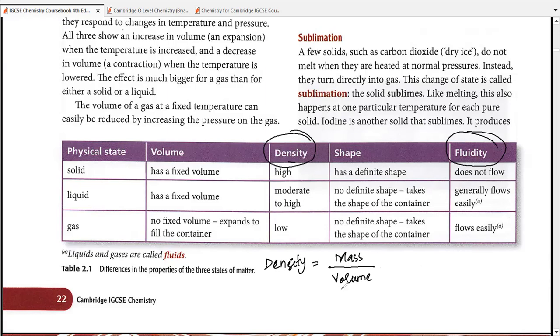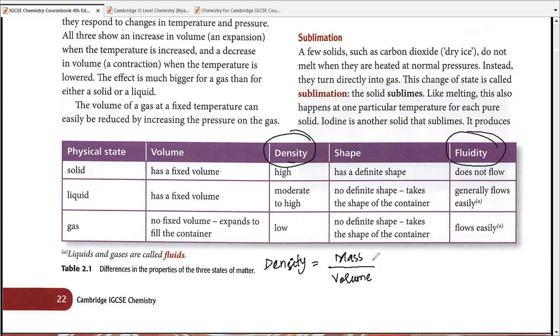And for the same specific volume, for a fair comparison, if the mass is less, we call it low density. Which means the things that tend to be heavy for the same size have high density, and the things that are light for the same volume are supposed to have low density. That's how we define it.